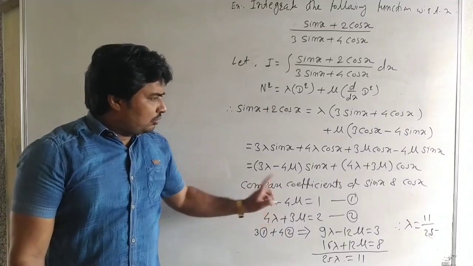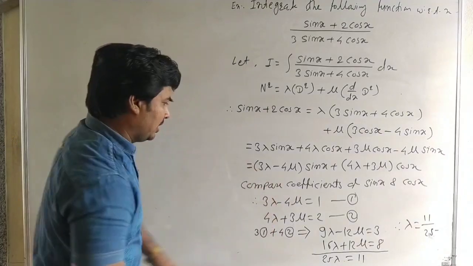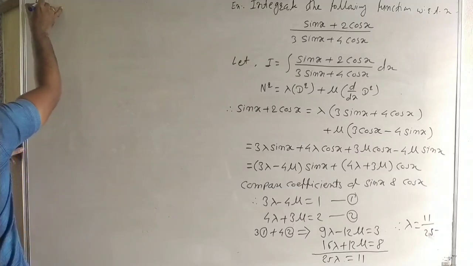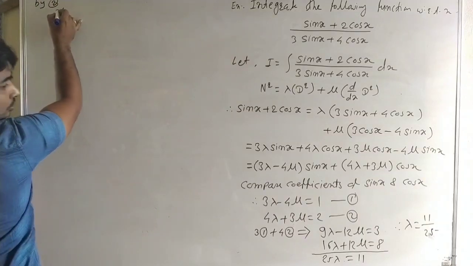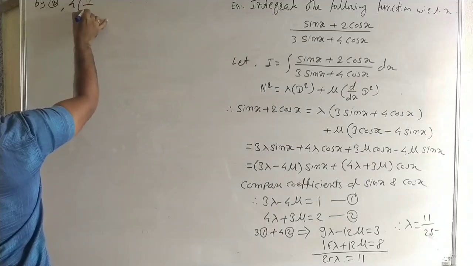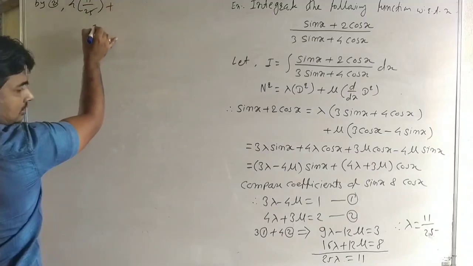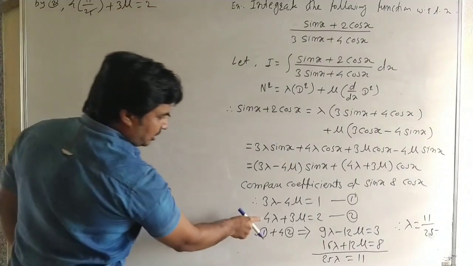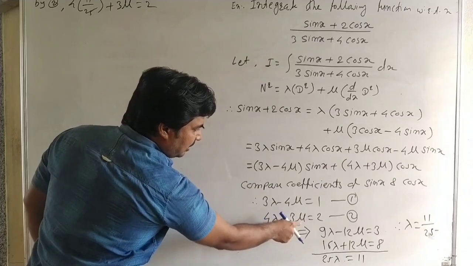From any one equation we find the value of mu. Okay, then in equation number 2, put the value of lambda. It is 4 into 11 by 25 plus 3 mu is equal to 2. Here 4 lambda plus 3 mu is equal to 2.